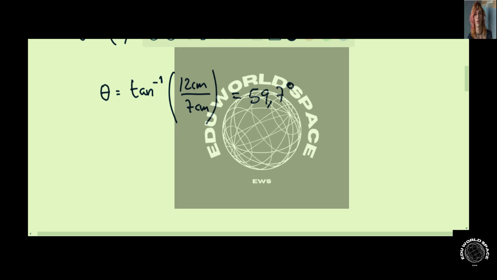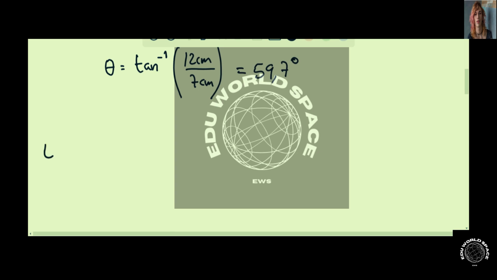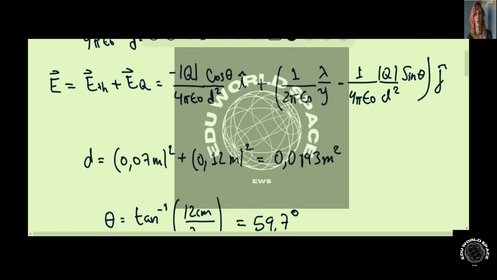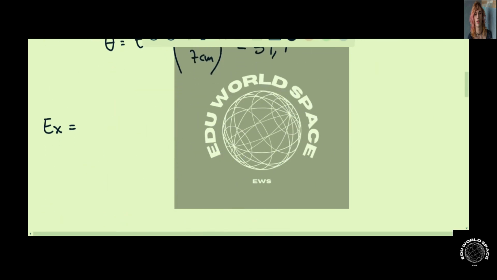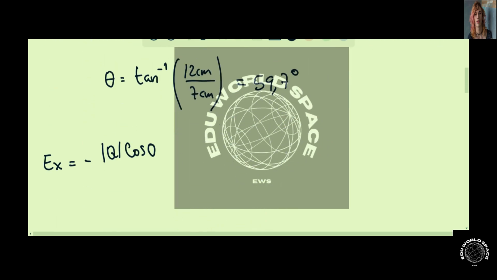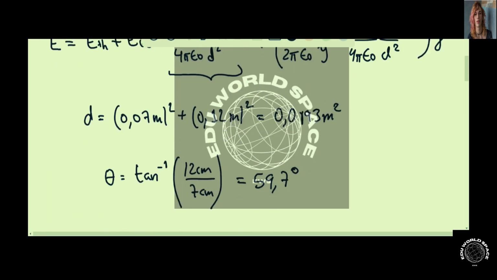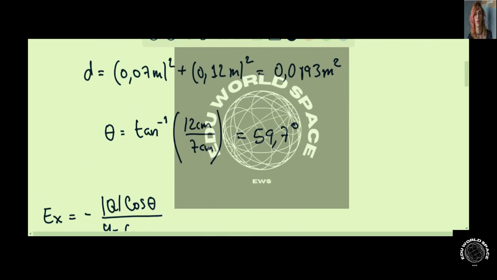To make it easier, we're going to do each component separately. So we're going to get first the x component of the net electric field, so that in the previous expression, we know that this is only this term in here. So it will be minus the magnitude of the charge q cosine of theta that we just already obtained, over 4 pi epsilon sub 0 d squared.